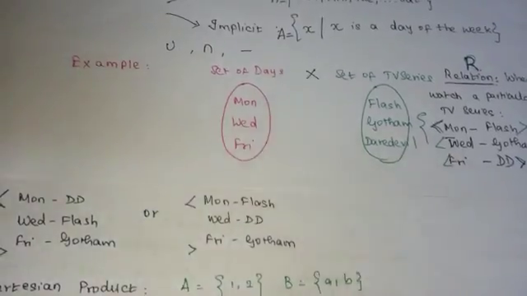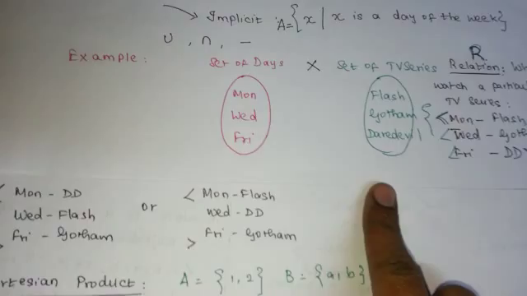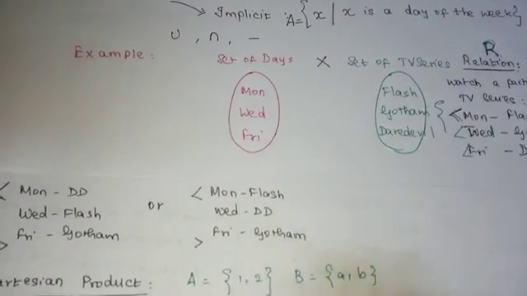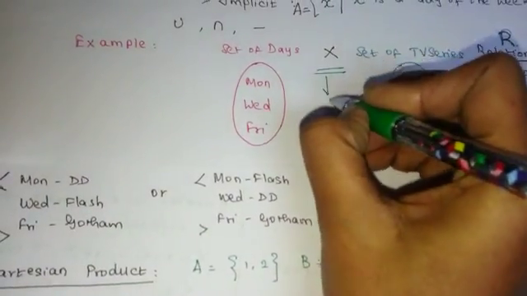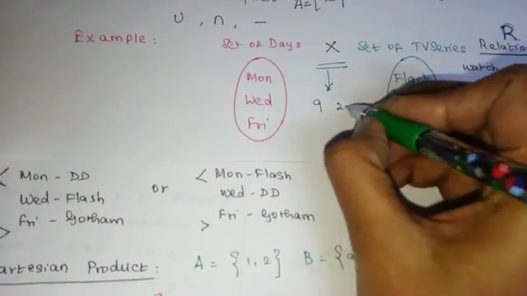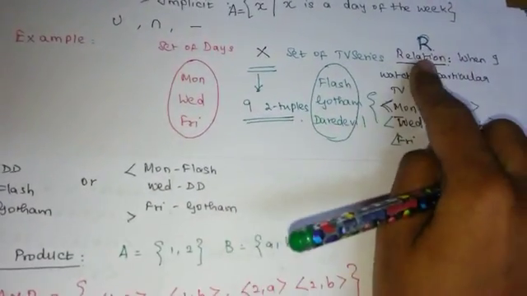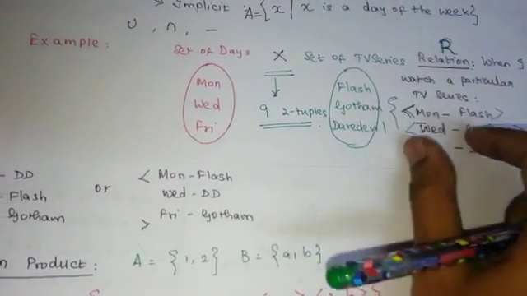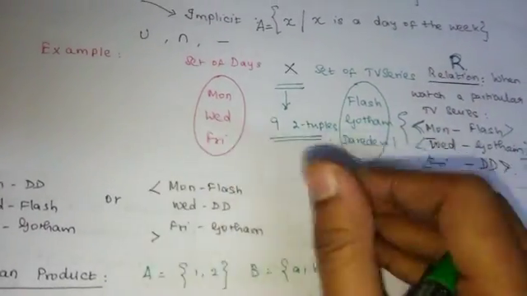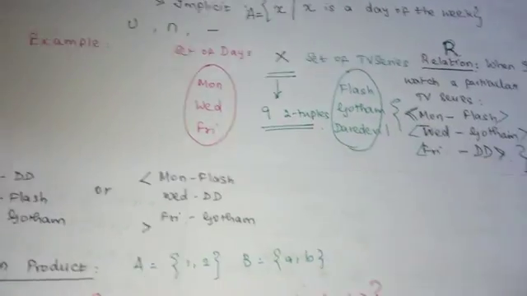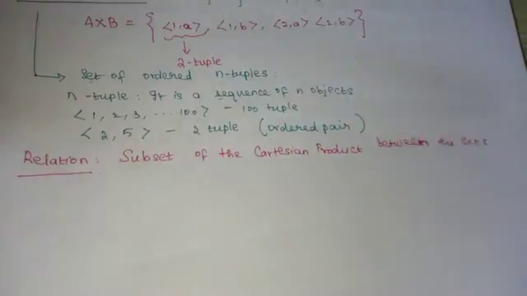A Cartesian product between the 2 sets, a set of days and a set of TV series, is going to include 9 2 tuples. But when you want an answer to this relation, it can include all those 9 2 tuples, or it can include a subset of those 9 different 2 tuples. So a relation is a subset of the Cartesian product between the sets.